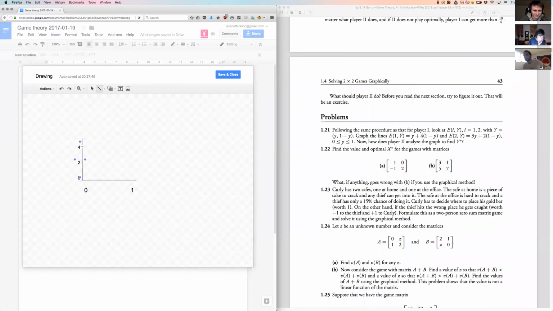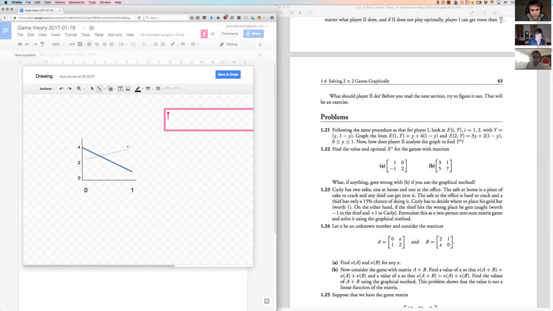So the first one is going from 4 to 3, right? Or one of them is going from 4 to 1, sorry. So like that. And the other one is going to go from 2 to 4, according to my drawings at least.